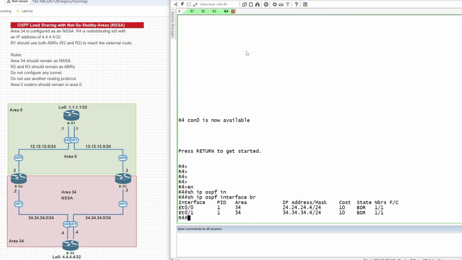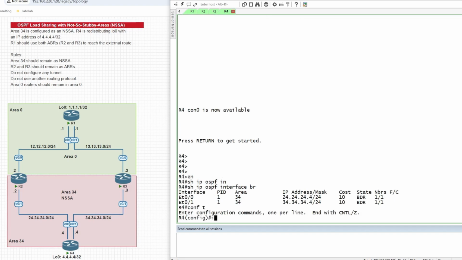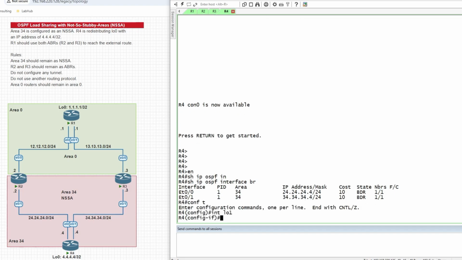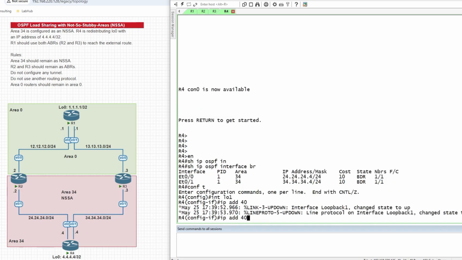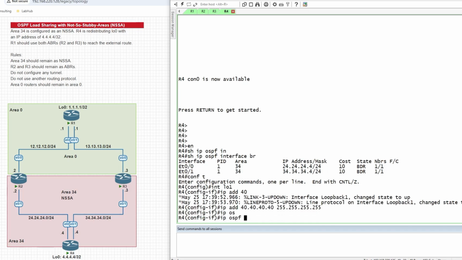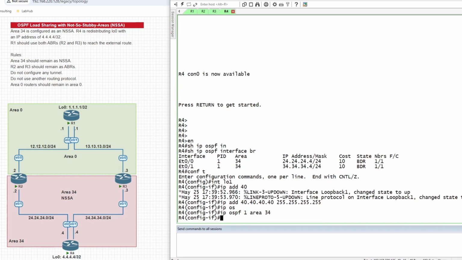So let's go to R4 and we configure a new loopback, interface loopback, let's say 1. And we add IP address, say 40.40.40.40, then 255.255.255.255. And let's put this in area 34.